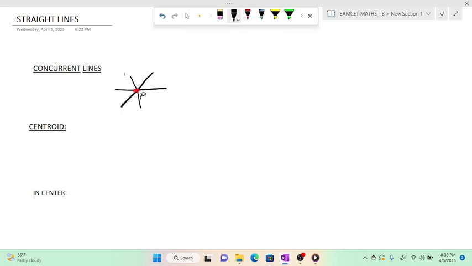Suppose the equations of these lines are a1x plus b1y plus c1 equals 0, the second line a2x plus b2y plus c2 equals 0, and the third line a3x plus b3y plus c3 equals 0.